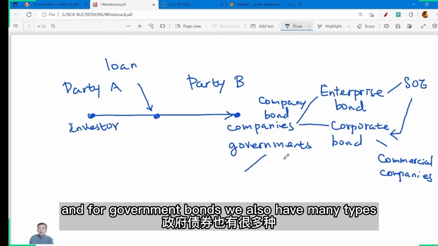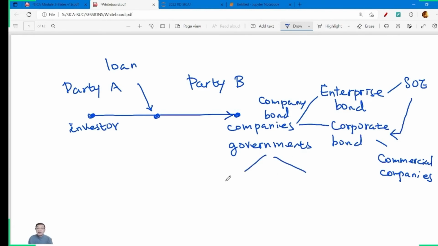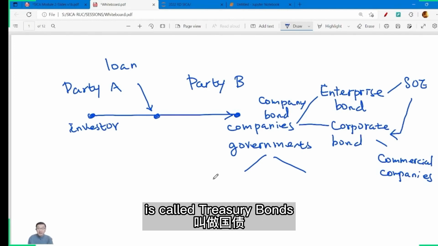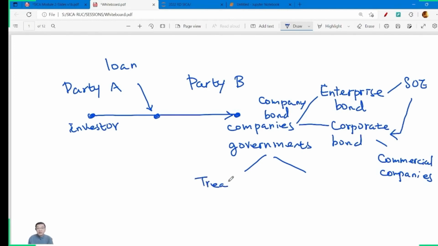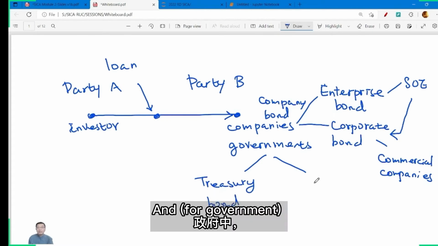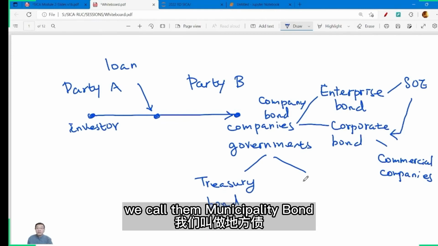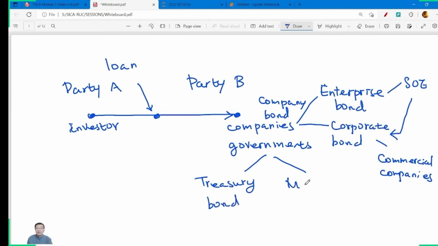For government bonds, we also have many types. Bonds issued by the central government of a country are called treasury bonds. Bonds issued by local governments are called municipality bonds.